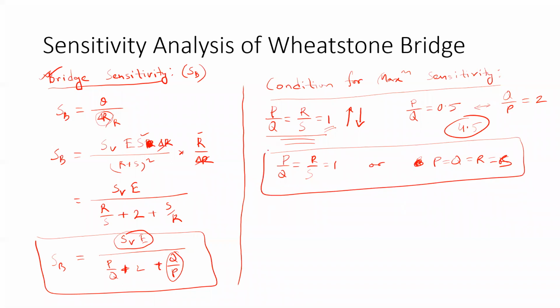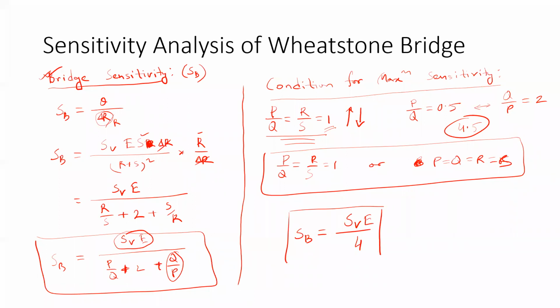Now once these conditions are satisfied, then you can further simplify the equation of bridge sensitivity to be SV into E divided by 4.